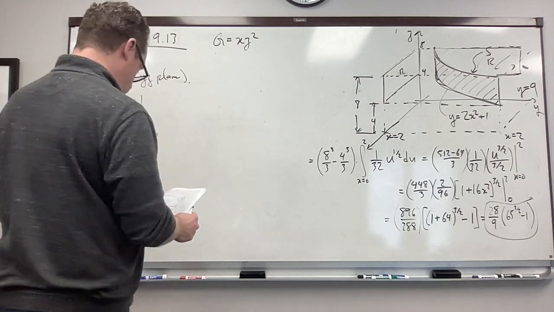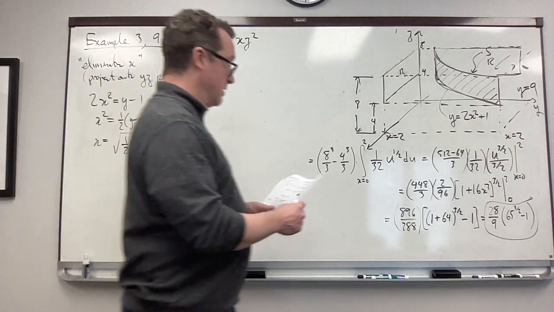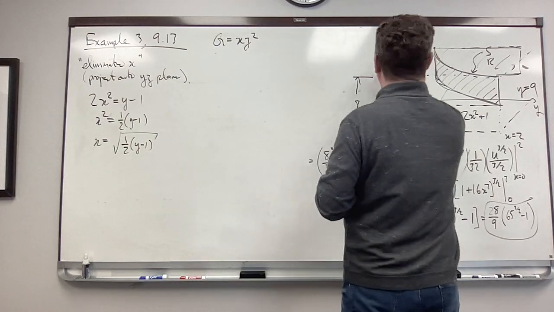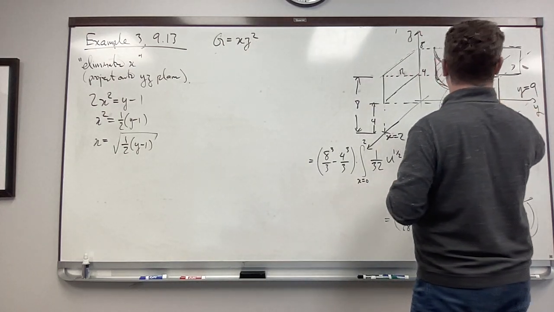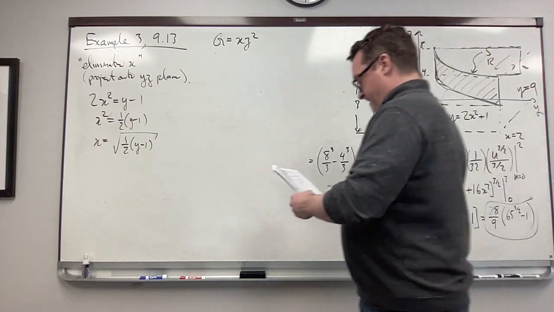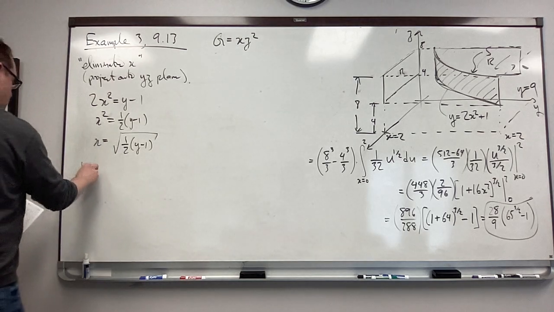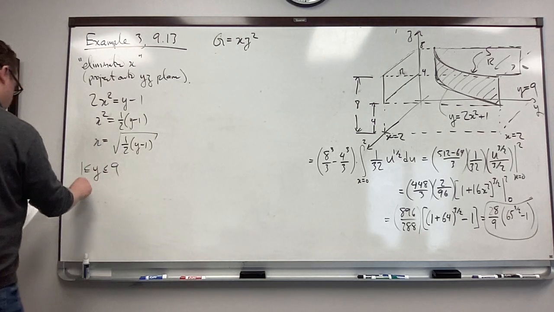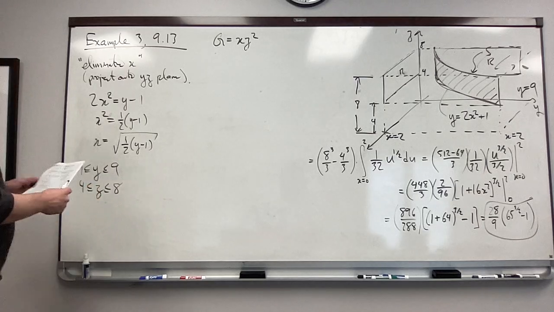So what we would do is say, okay, our limits are going to be z from 4 to 8, and y from when x goes to 0, so it looks like 1 to 9. So we've got y from 1 to 9, and then the same thing as we had before for z.